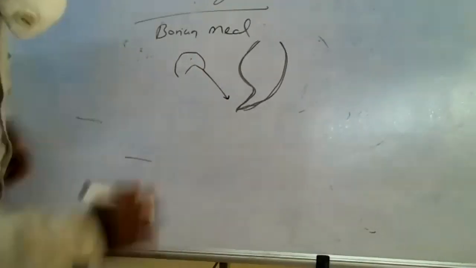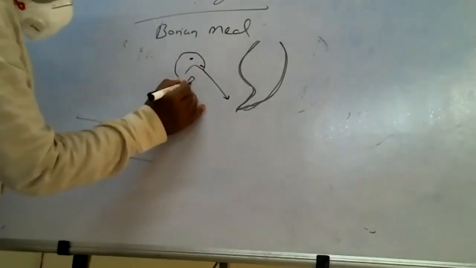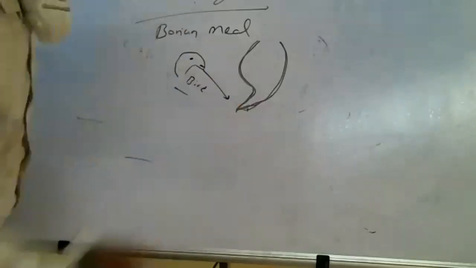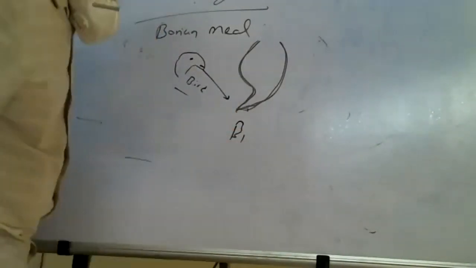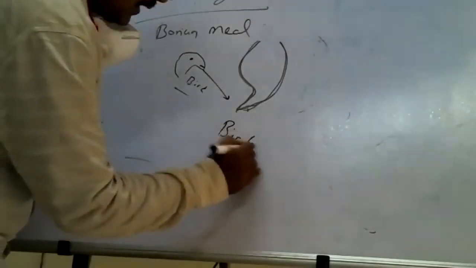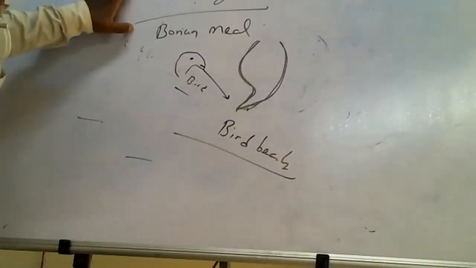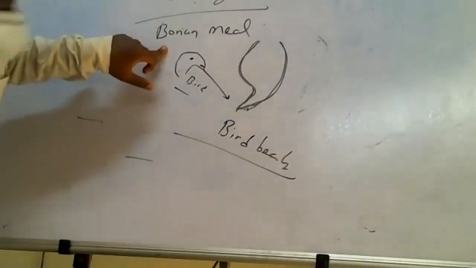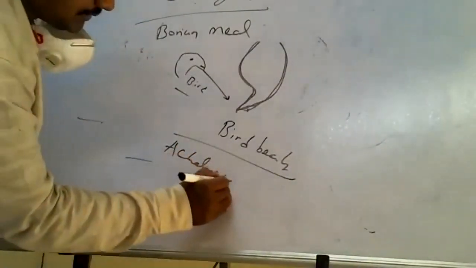What is this? This is a bird. What is this sign called as? Excellent. It is bird beak sign. So bird beak sign on barium meal is a characteristic feature of achalasia cardia. Please remember this.